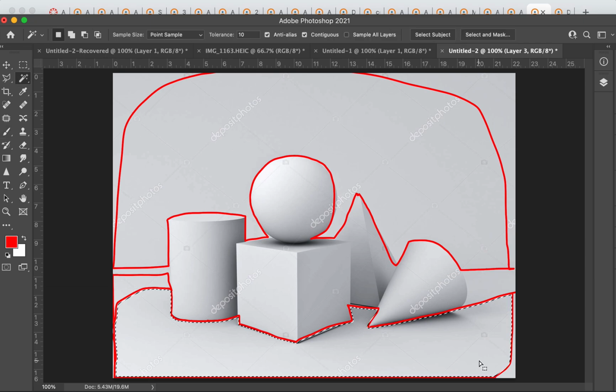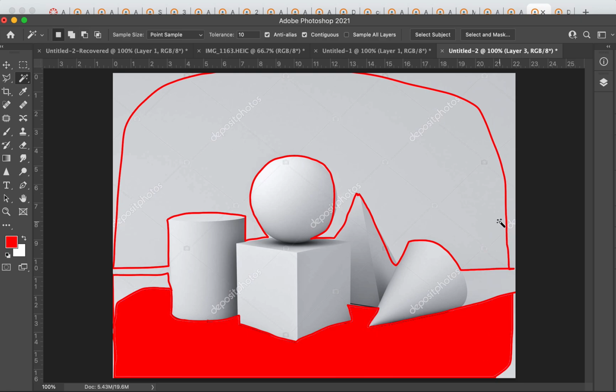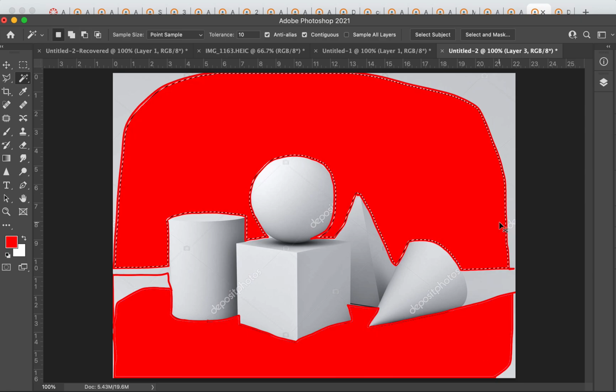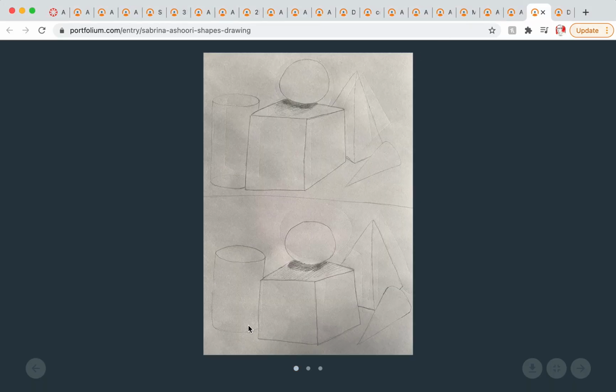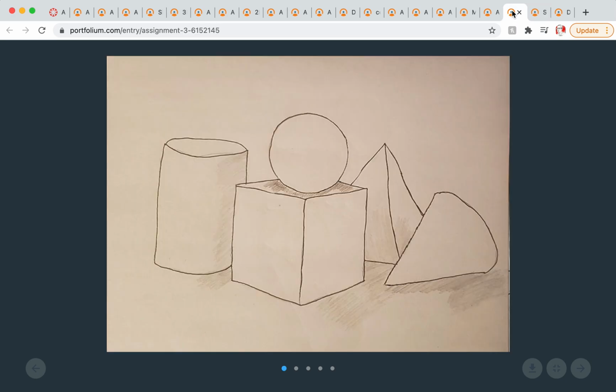Just looking at the negative shape is important because it helps you understand what you're missing, right?